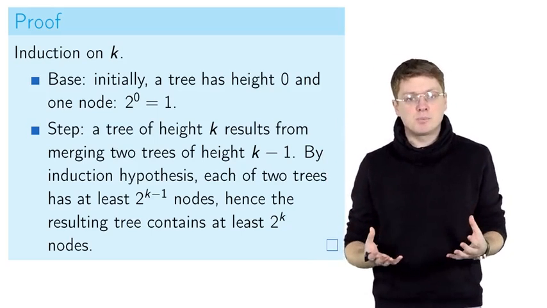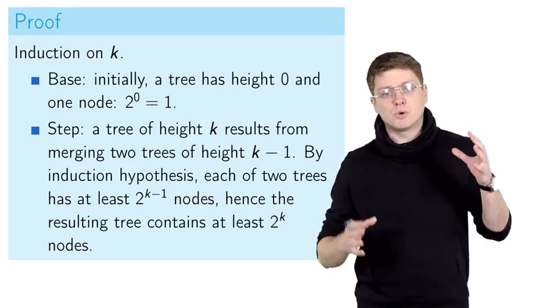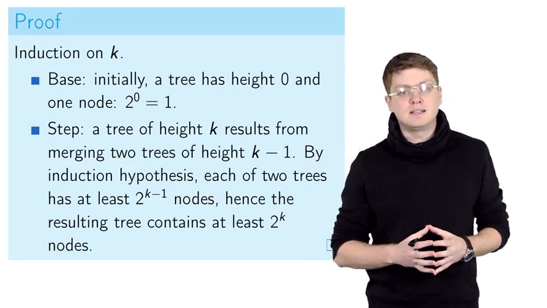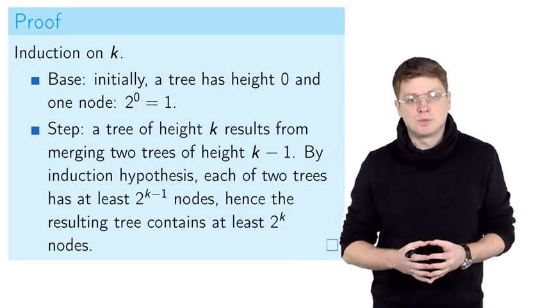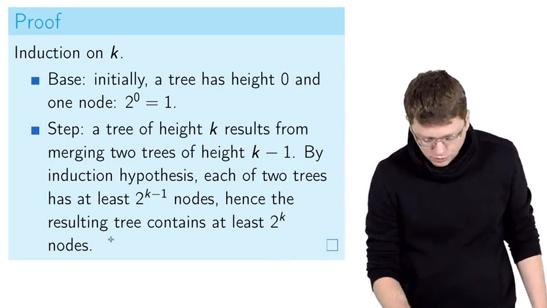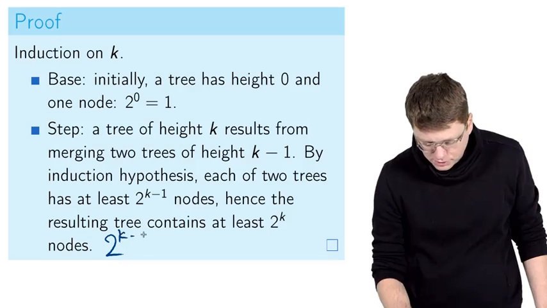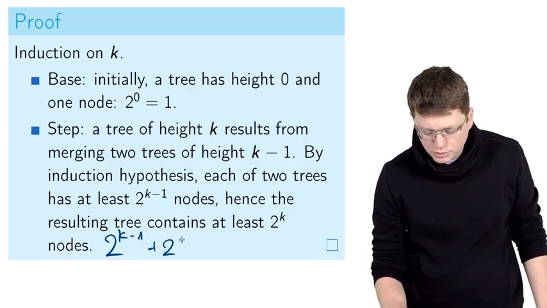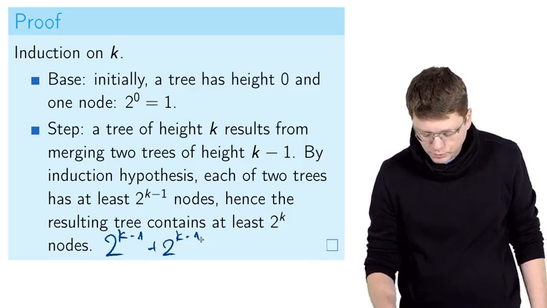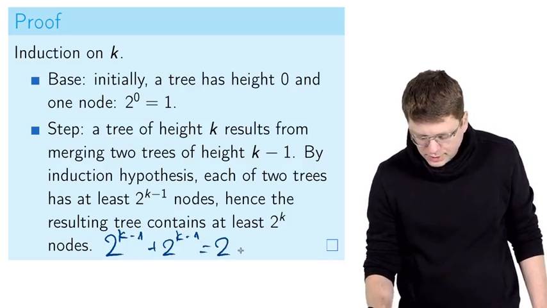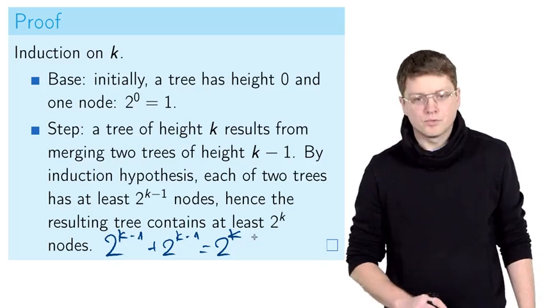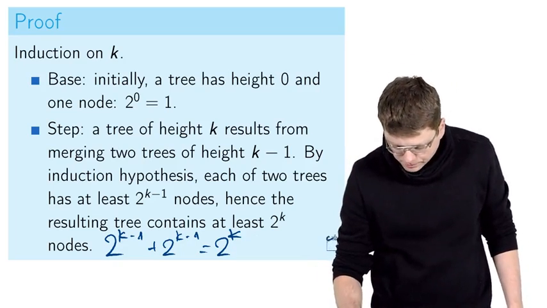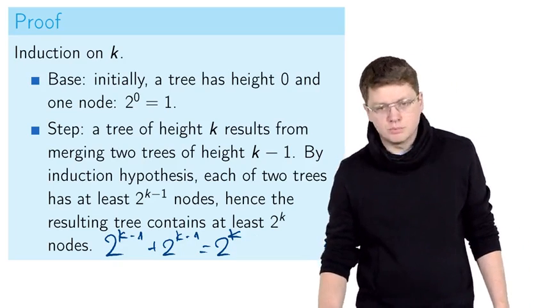By the induction hypothesis, both of these two trees contain at least 2 to the k minus 1 nodes, which means that our resulting tree contains at least 2 to the k minus 1 plus 2 to the k minus 1 nodes, which is exactly equal to 2 to the k, right? Which means that the lemma is proved.